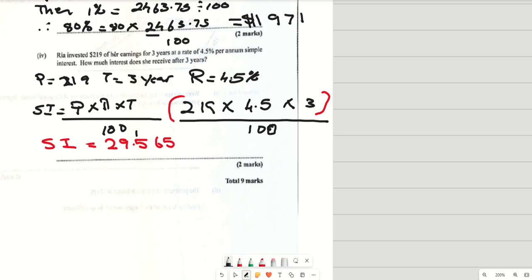So 1, 2, a line is going to be drawn between the 6 and the 5. We're looking to see if the number after the line drawn is more than 5 or less than 5. It is 5, so you have to add 1 to that 6, the number in front of the line. So your final answer of simple interest is going to be $29.57. And that is how we would have done this question right here.